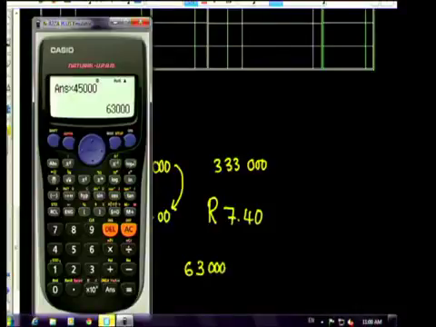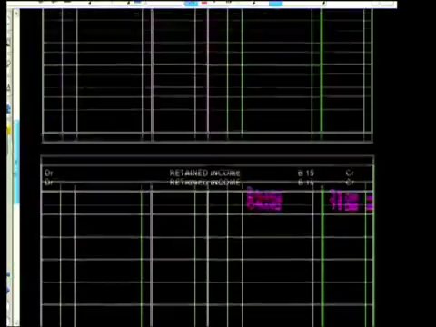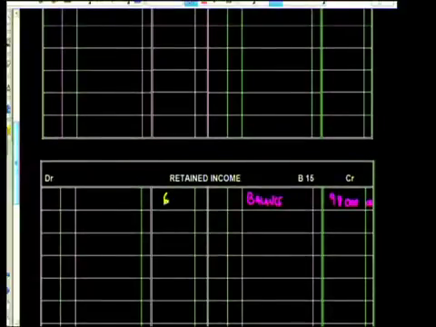Now, let's just look at these two figures. The 63,000 is the price above the average price. And that 63,000 is going to impact on my retained income. 63,000 Rand. This comes from my entry as a result of my buyback.